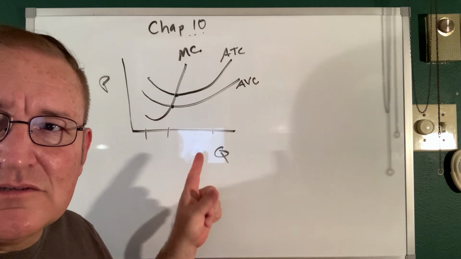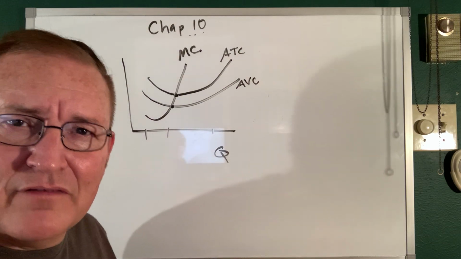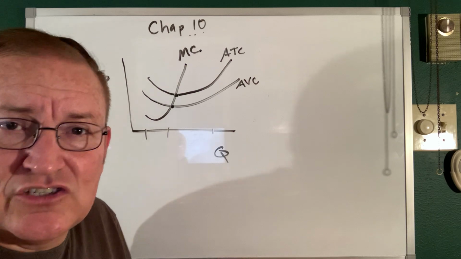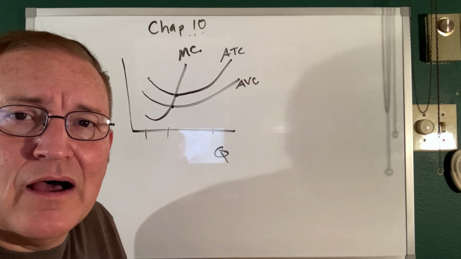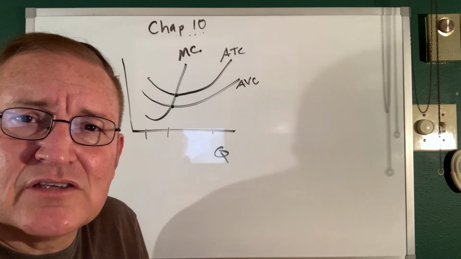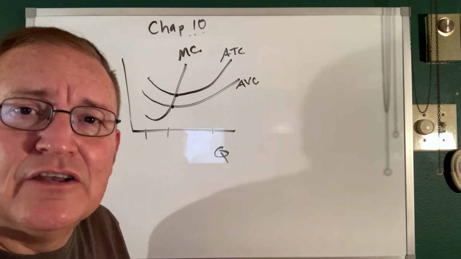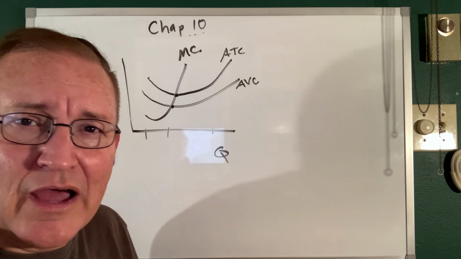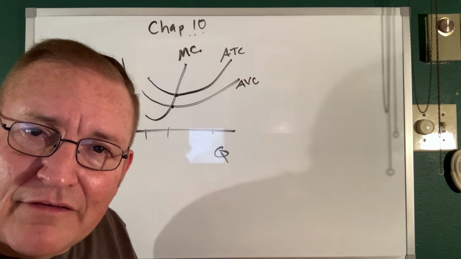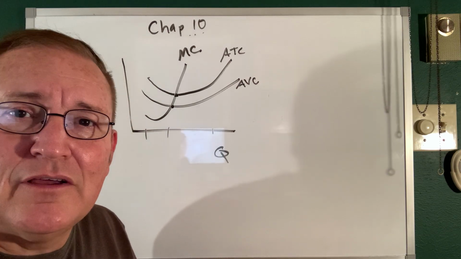This diagram becomes very, very important in the next chapter as we start talking about different market constructs and different profit conditions that a firm may find itself in, okay? So I'll leave it at that now and get back to you here shortly.